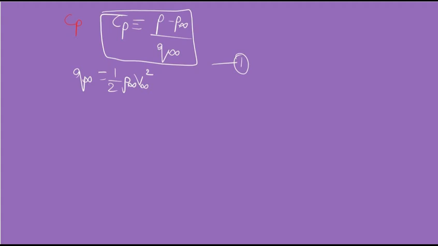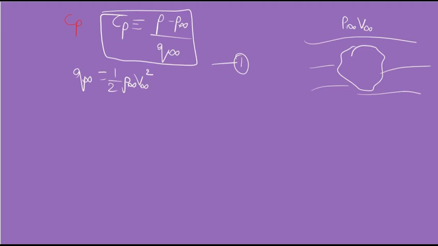So how can we do that? Let us have a look. For example, I have some arbitrary aerodynamic body, which is immersed in a free stream flow where the pressure is P infinity and the velocity is V infinity.